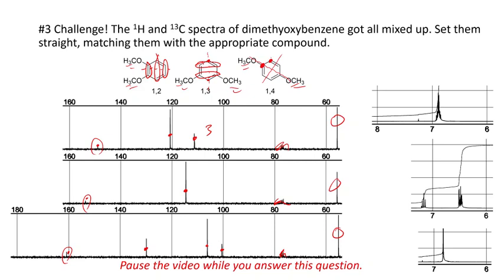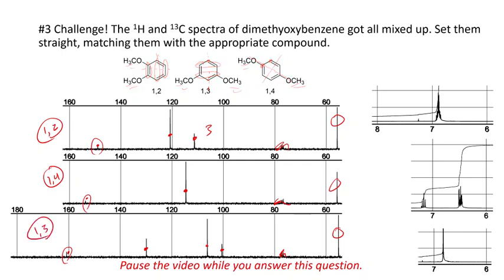That's it. Everything else is the same. All right, so what we know is that the one that has 3 is the 1,2. The one that has 2 is the 1,4. And the one that has 4 signals is the 1,3.